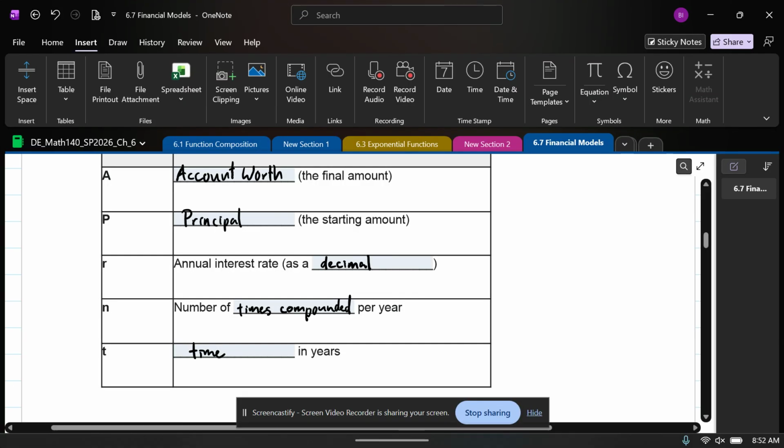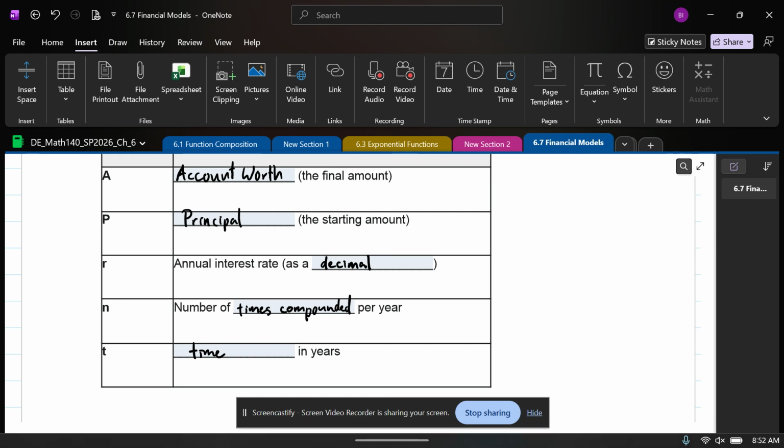Okay, so account worth, that's how much we're going to get at the end. That's how much the account has got in it. That's after the interest has been added in. Principal, that's how much we started with. Our interest rate, remember, change that to a decimal from the percentage. The n is the number of times you're compounding in a year. Okay, so compound interest, they're going to say in the problem something like compounded monthly, compounded quarterly, that sort of thing.